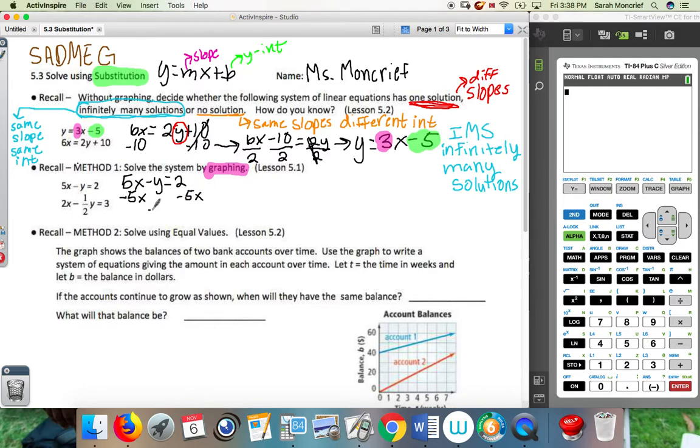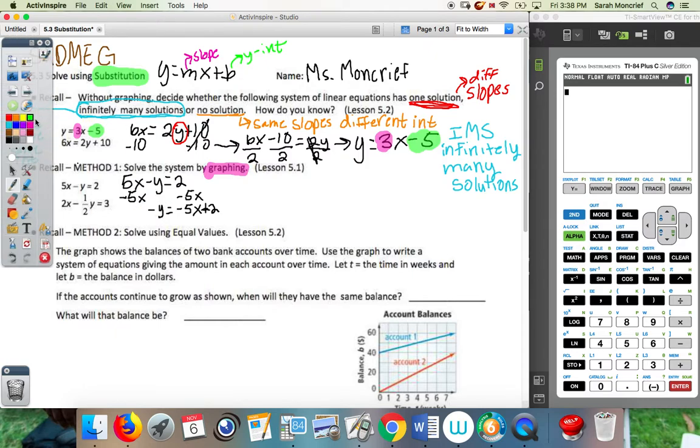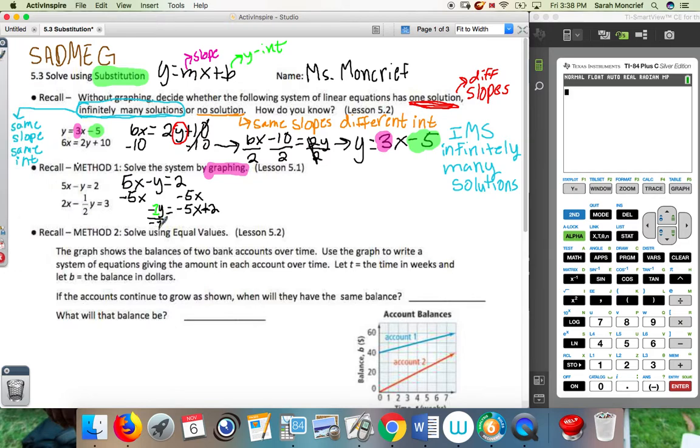And we are left with negative y is equal to negative 5x plus 2, because I want the x in the front. Is my y yet by itself? No. Remember, since there's a negative, there's technically a negative 1 in the front, so we need to divide by negative 1.